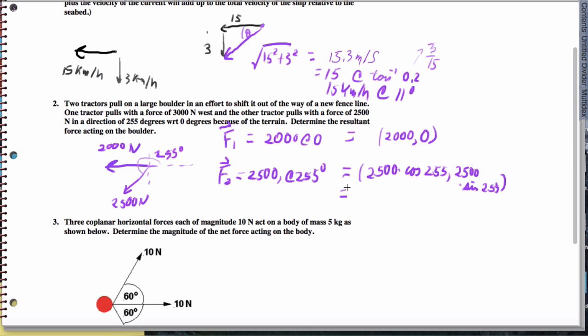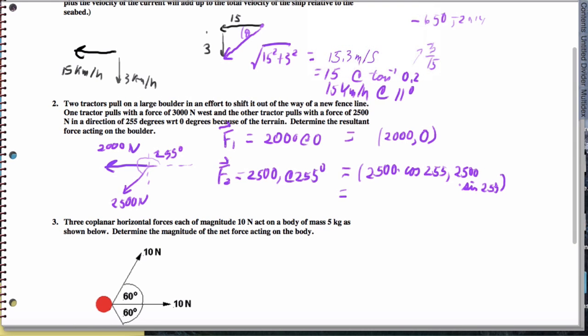And I can put that into my calculator. What I'll end up getting is negative 650, comma, negative 2,400 newtons. I'm just keeping it to 2 sig figs. So I actually got 2,414.